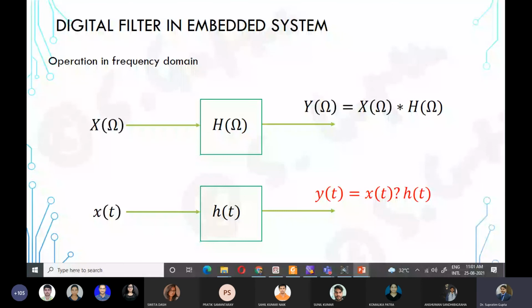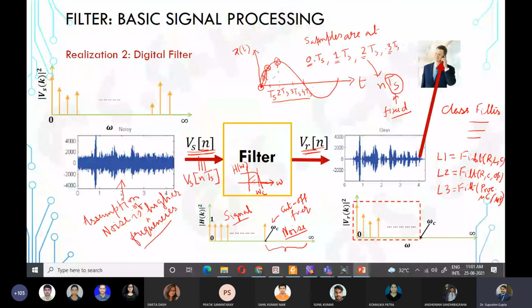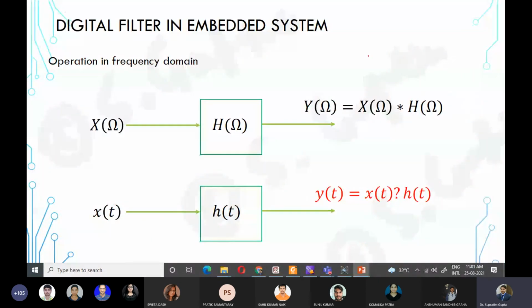So what we can do, I have x of t, and then I convert it into the frequency domain, x of omega. If I see in the graph, I have some values, right? And I take a threshold, say omega c. I take one window, which is my H of omega.